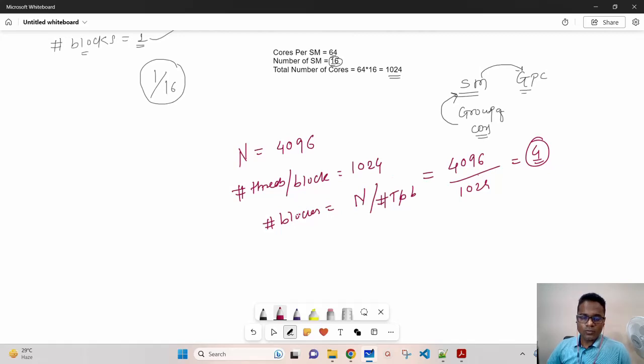In the earlier case, I was launching only 1024 threads, and those 1024 threads were responsible for performing addition on 4096 elements. Now I'm launching 4 blocks, and every block has 1024 threads. So in total, I'm launching 4096 threads. The input size is 4096, and now I'm launching 4096 threads.